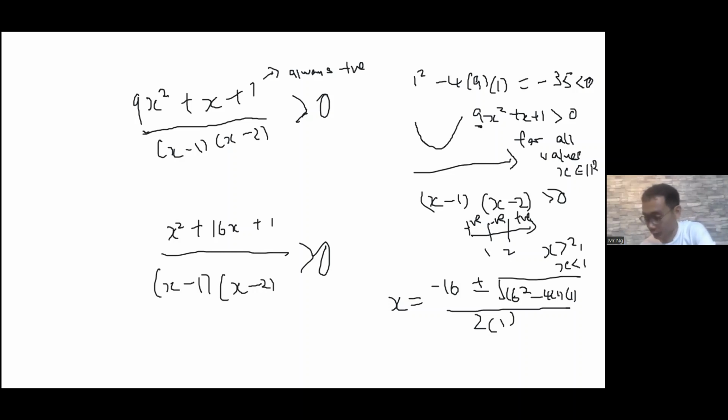So 16 to the power of 2 minus 4, so it equals minus 8 plus minus square root 252 divided by 2. So square root 252 is 4 times 63. Take out the 4, it becomes a 2, 2 divided by 2, 1.